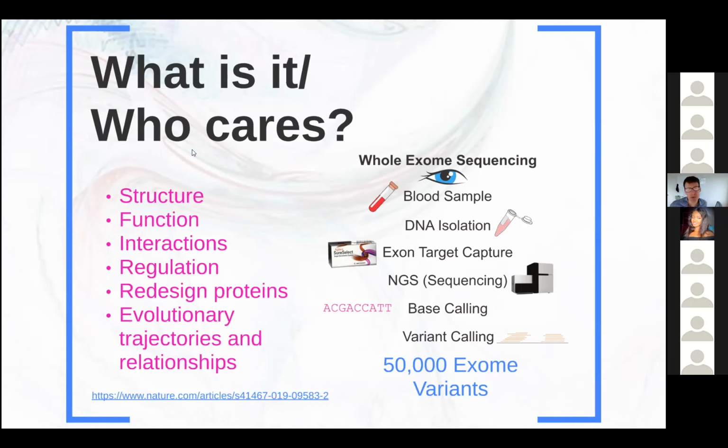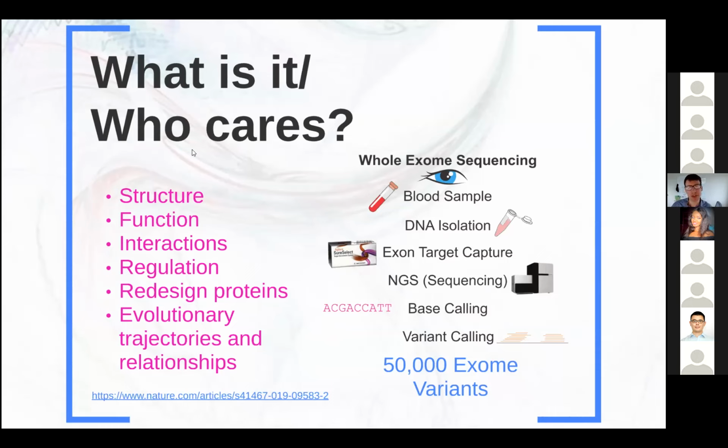People use comparative and evolutionary genomics to look into structure, function, interactions, and how things are regulated. You can use it to design proteins, do synthetic biology, and importantly, look at the evolutionary trajectories and relationships between proteins and species and all kinds of stuff. So a lot of uses for it.